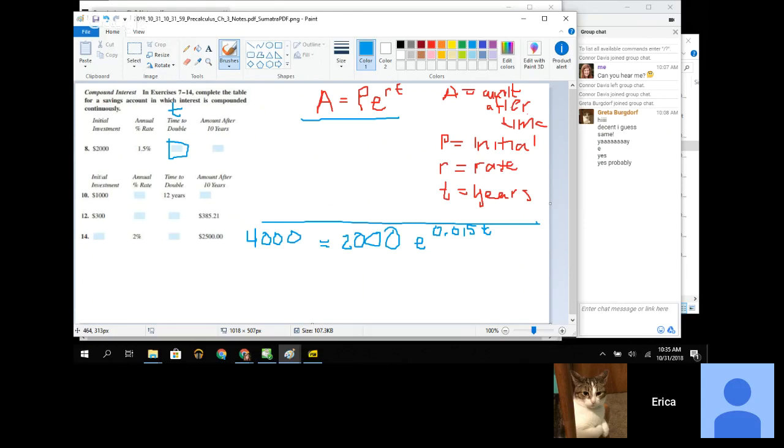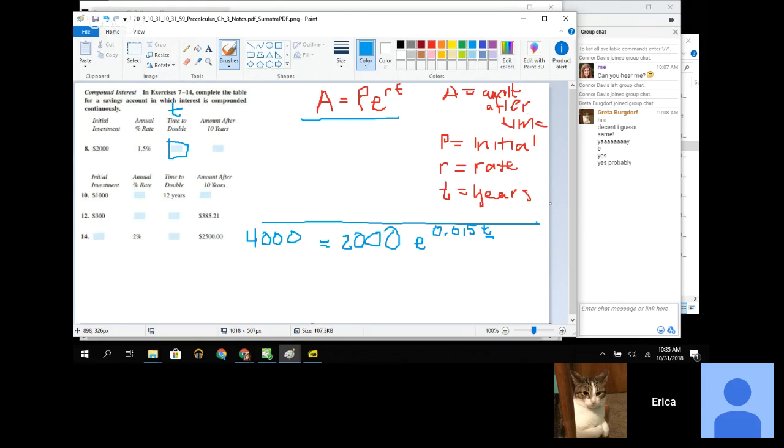So how would you solve this kind of equation? That's the question. That's what we need to know, right? So we need to get t by itself, but t is an exponent. T is an exponent. So we need to do some work to kind of get t by itself, right?